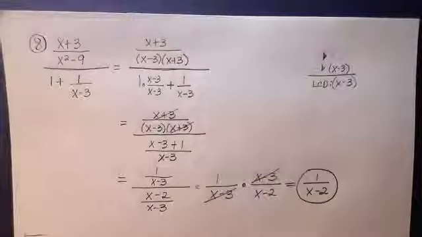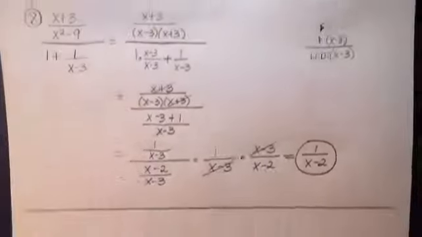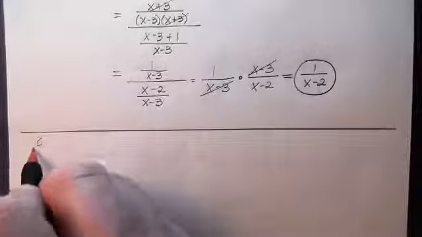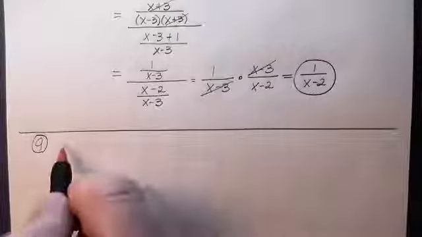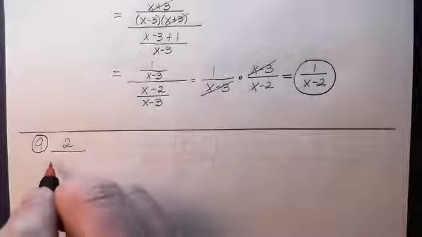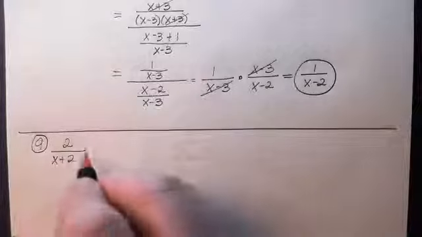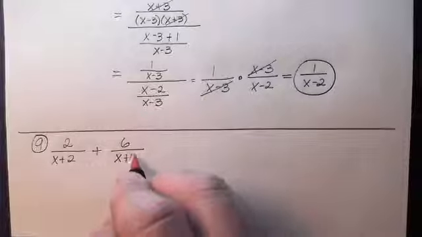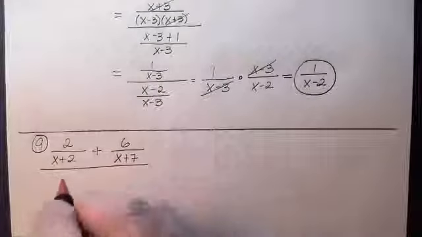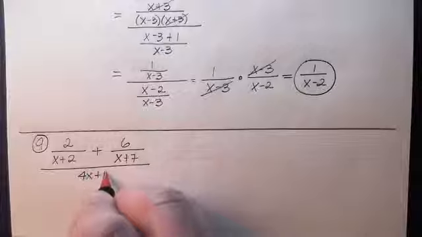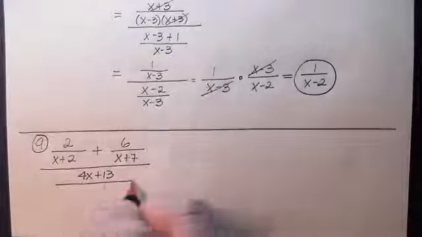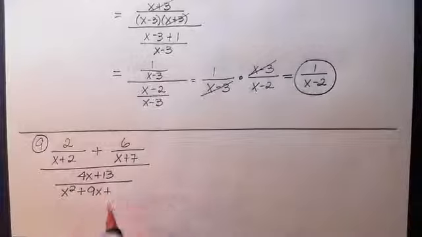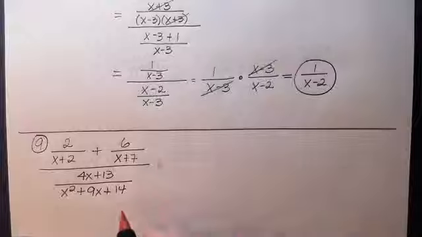Alright, let's go on to problem number 9. Problem number 9 is 2 over x plus 2 plus 6 over x plus 7 divided by 4x plus 13 over x squared plus 9x plus 14.